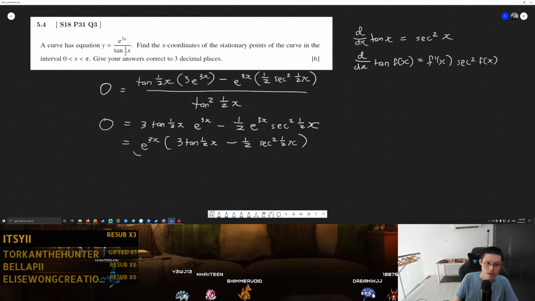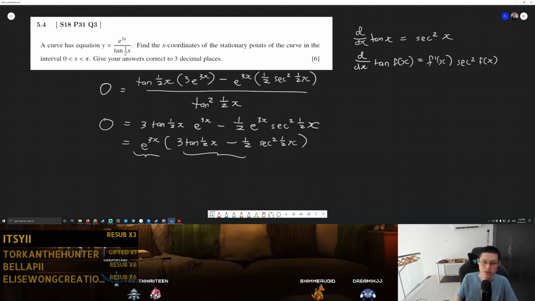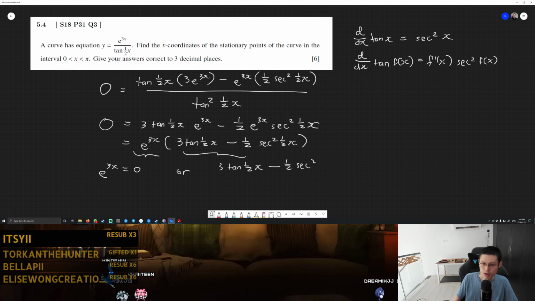Now we have some number times some number equals 0, which means one of those must be 0. So e^3x equals 0, or 3 tangent (1/2 x) minus 1/2 secant squared (1/2 x) equals 0. However, e^3x equals 0 is impossible. You can't raise e to some power and get 0. Therefore, we can ignore this one.